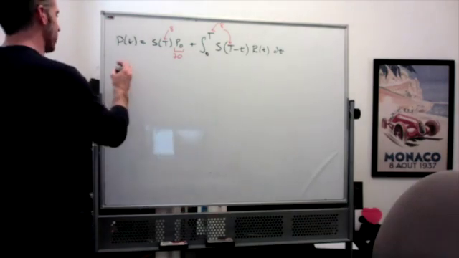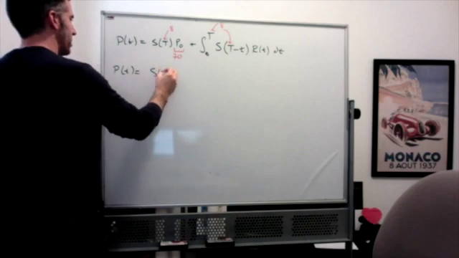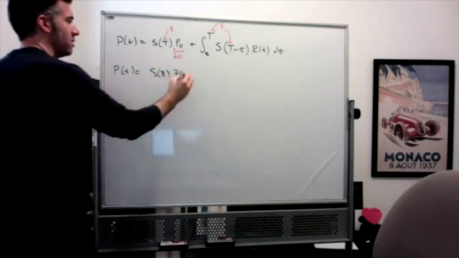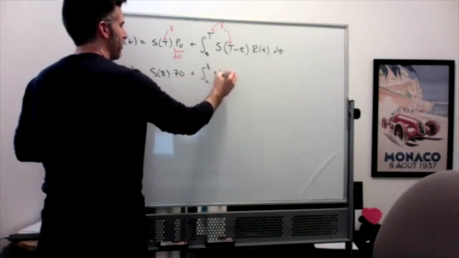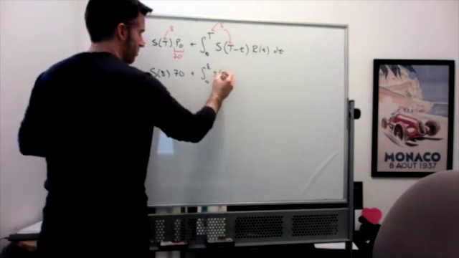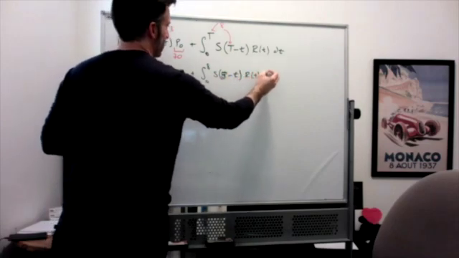So just plugging those in first, P of t is going to be S of 8 times 70 plus the integral from 0 to 8 of S of 8 minus little t, R of t, dt.